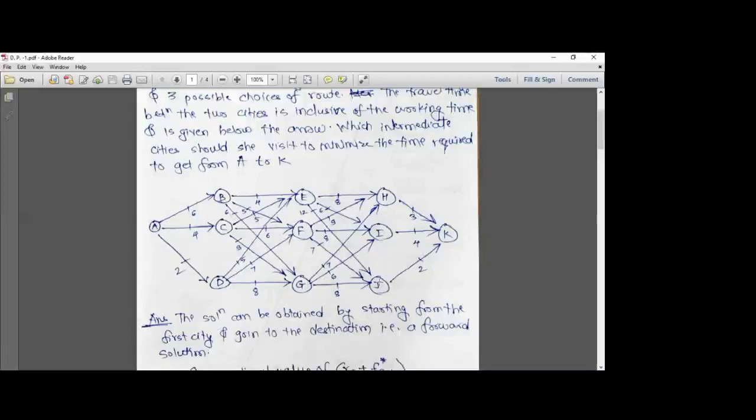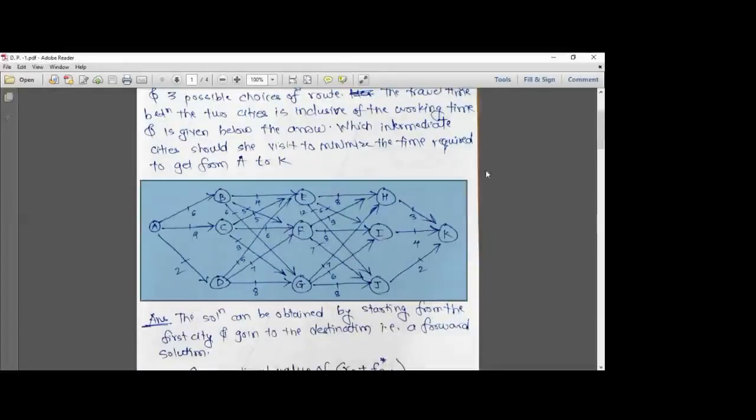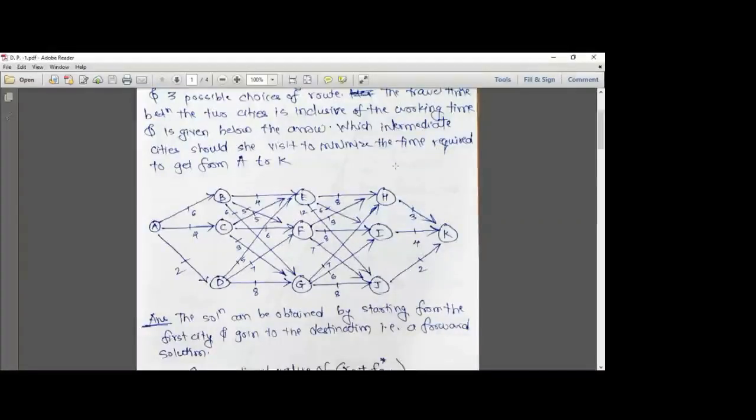So the problem is very simple. You can solve it without a dynamic programming approach or a recursive function approach as well. But the dynamic programming approach and the recursive function approach were developed for more complex problems.